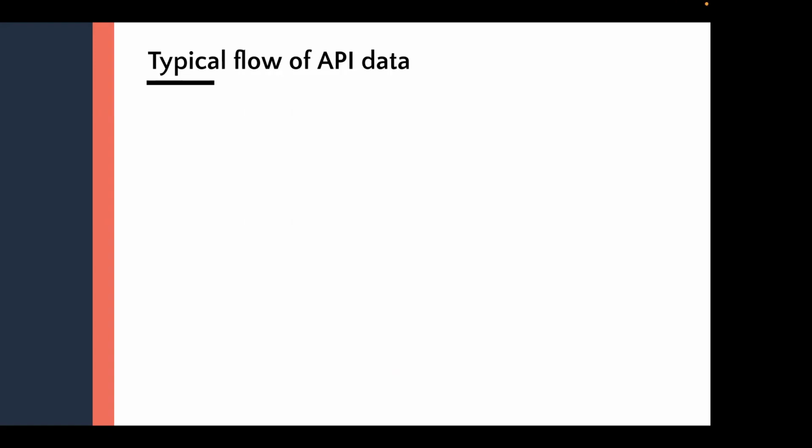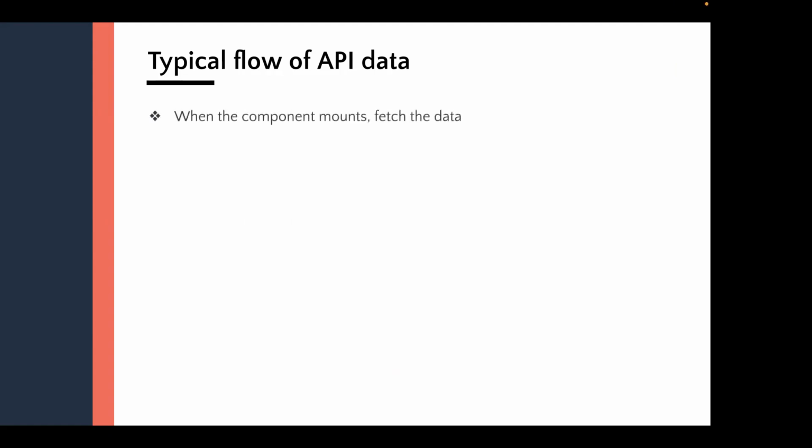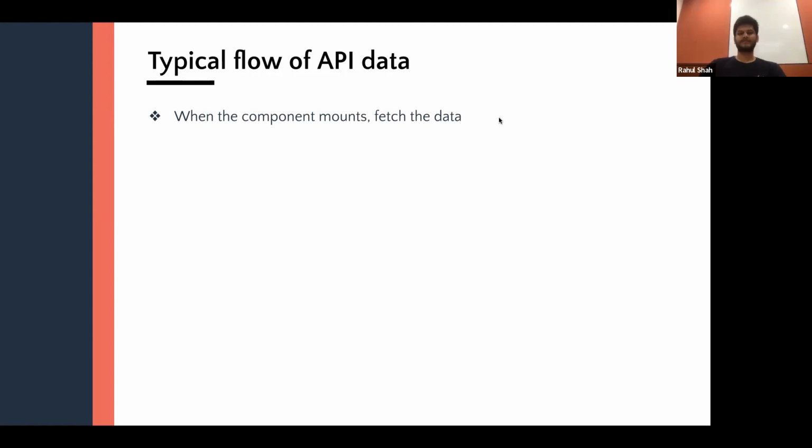We use the useEffect to fetch the API call. Correct. So after that, we have to give the API URL to that useEffect to fetch the API. Correct. So when the component mounts, we fetch the data. Perfect.